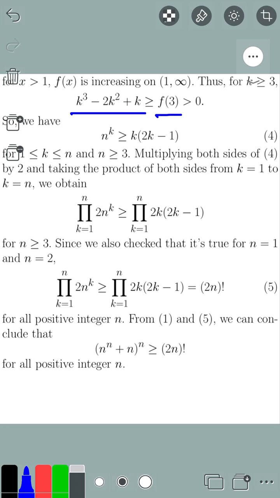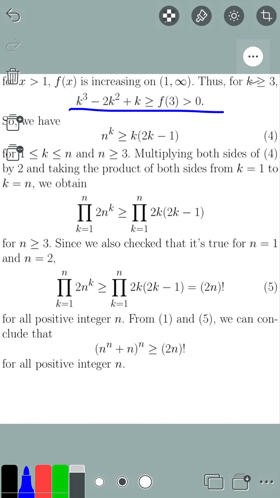Just plug in x equals 3, and you can check that f of 3 is larger than 0. So for any k larger than or equal to 3, we have k to the third power minus 2k squared plus k is larger than 0.